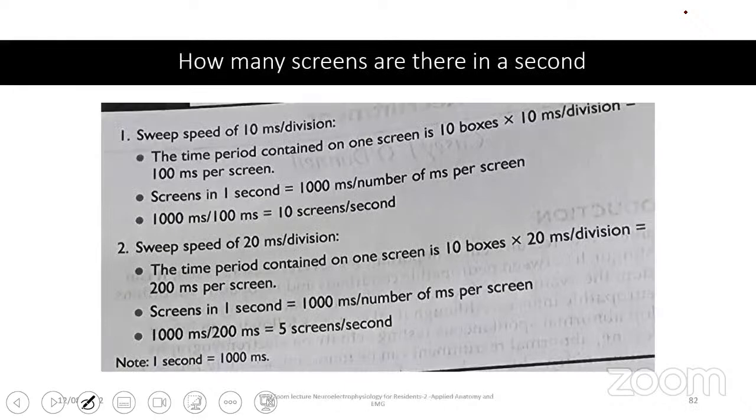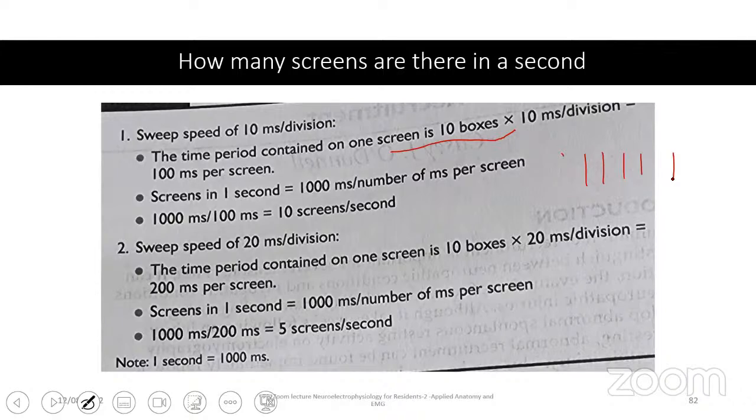So how many screens are there in a second on the screen that you're seeing? What is the sweep speed? Take a sweep speed of 10 milliseconds per division. The time period contained in one screen is 10 boxes, 10 boxes on the screen. 10 into 10 milliseconds, that is 100 milliseconds per screen.